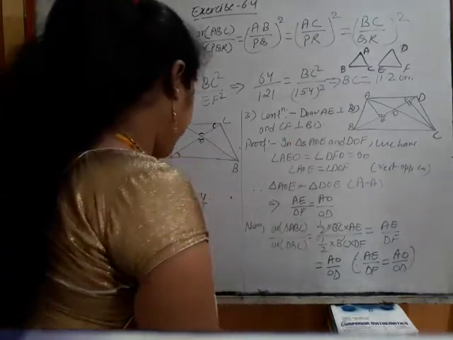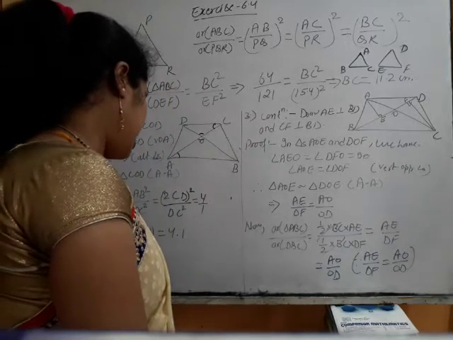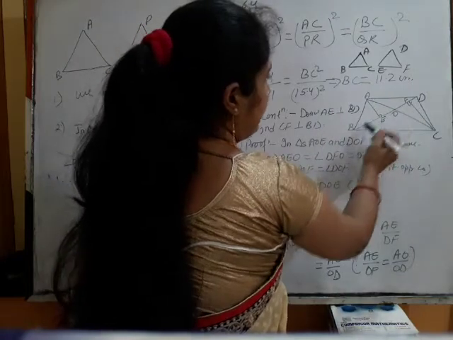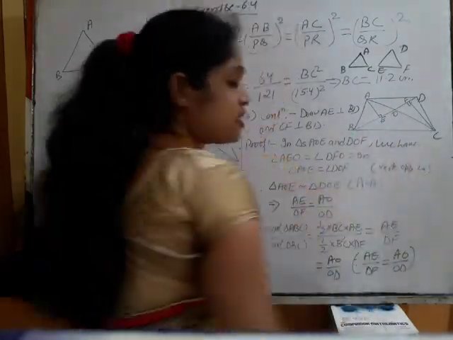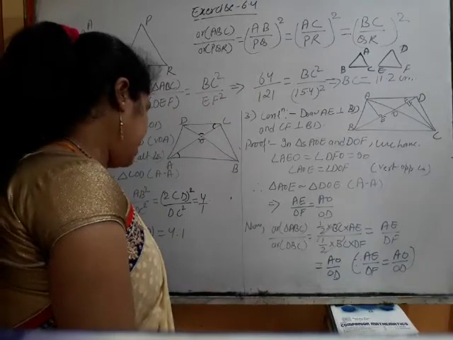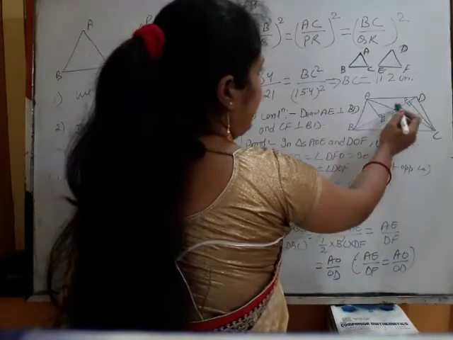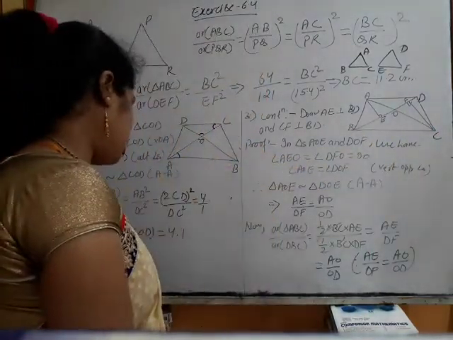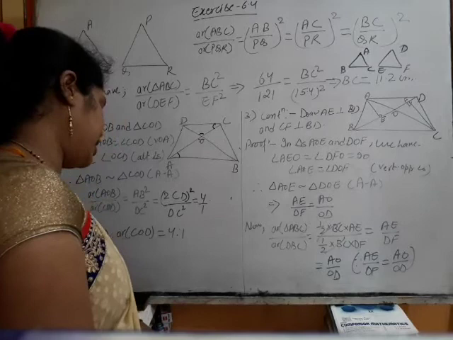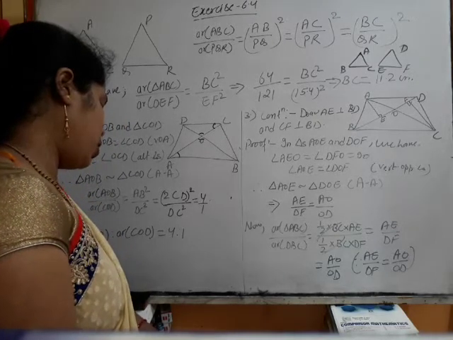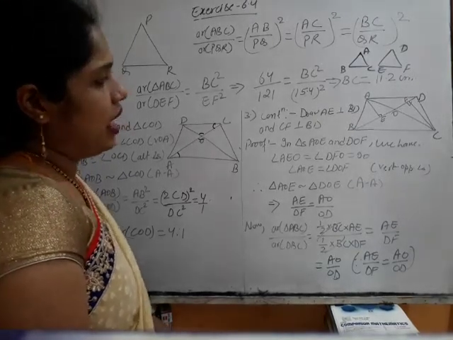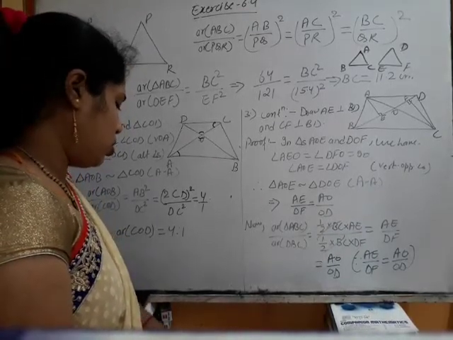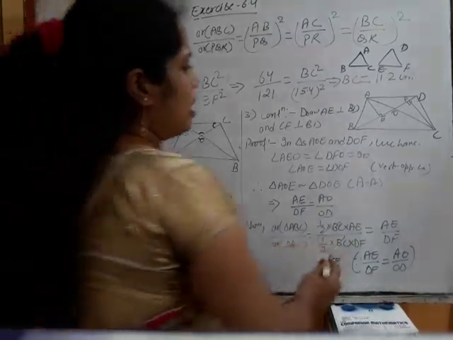Next question. It is given in the figure ABC and DBC are two triangles on the same base BC. AD intersects BC at O. Show that the area of triangle ABC upon area of triangle DBC is equal to AO upon DO.